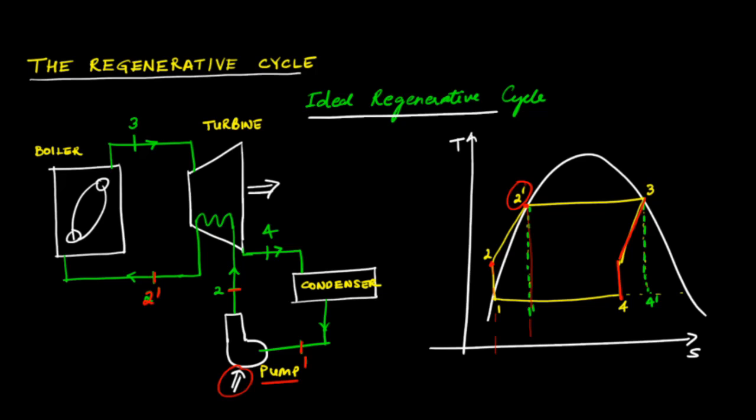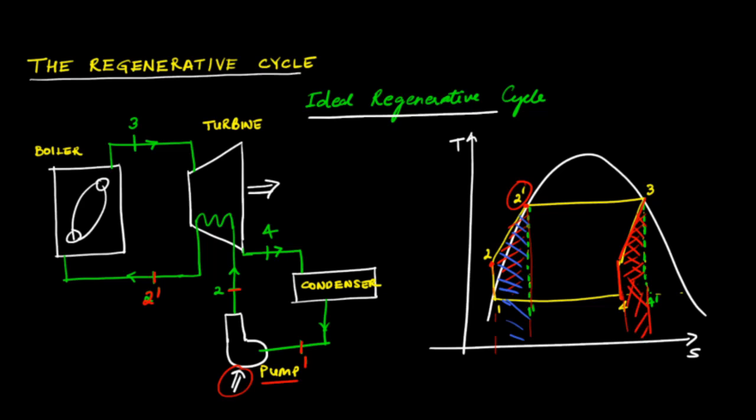So point to note over here is that this area is exactly same as this area, because this is the amount of heat that is lost from the vapor over here, and this is the amount of heat that is gained by the liquid in the turbine.